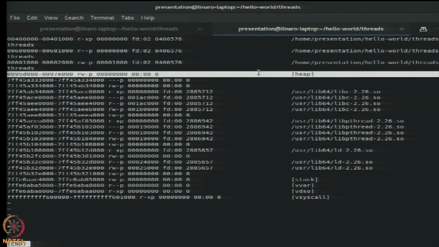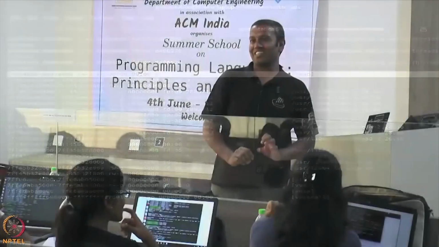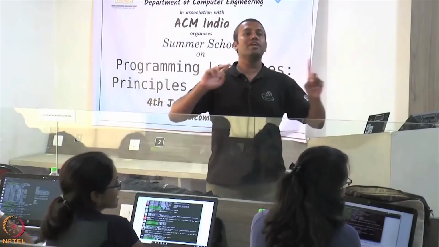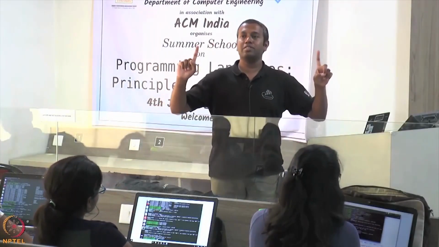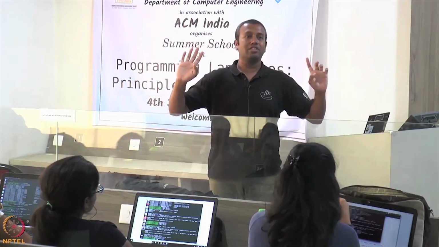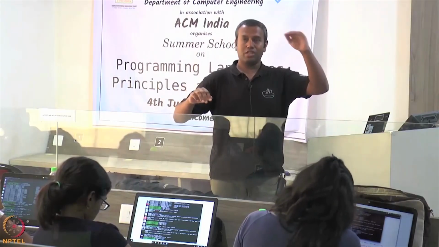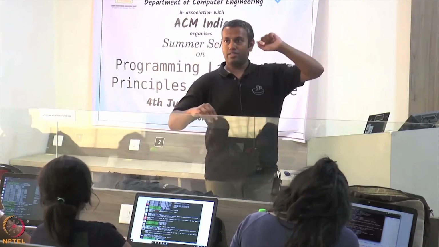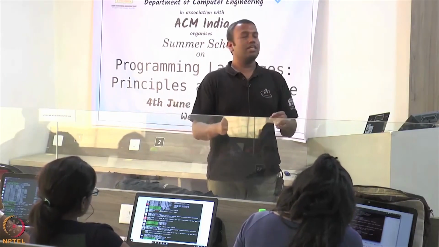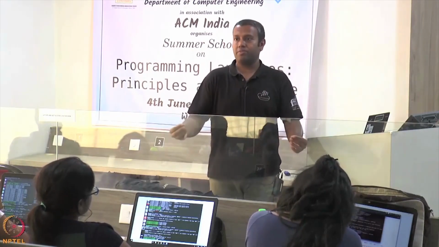Then there is heap, where all the dynamic allocation happens, right? Wrong. That is where a lot of the dynamic allocation happens. There are 2 ways in which dynamic allocation happens, at different levels. At the kernel level, one is in something called the heap, which is this, and another is something called an anonymous map.